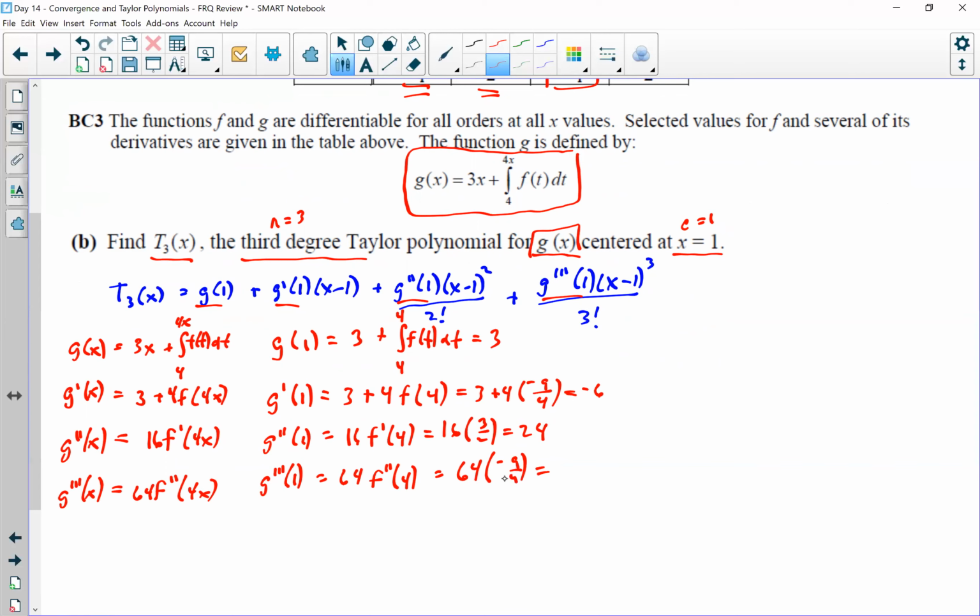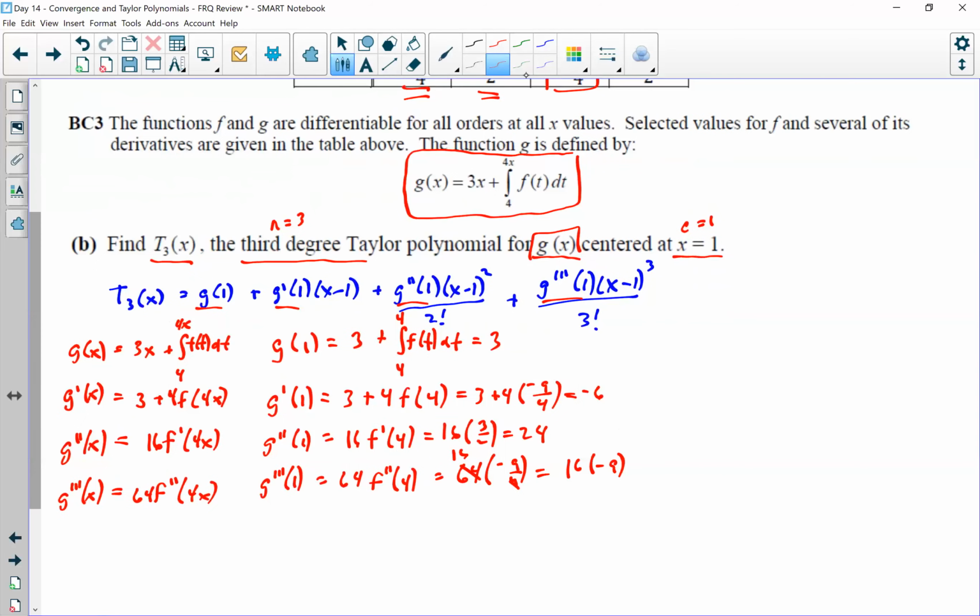Well, the 64 and the 4 do reduce to 16 and 1. And I don't really know what 16 times 9 is, but I'm going to leave it like that for right now because I don't have to reduce this, right? Obviously, you're going to have a calculator possibly on the exam with you, so you could reduce that on the calculator if you wanted to, but I'm going to leave it like that for now because now that we have all of these values, we actually are now ready for our Taylor polynomial for g.